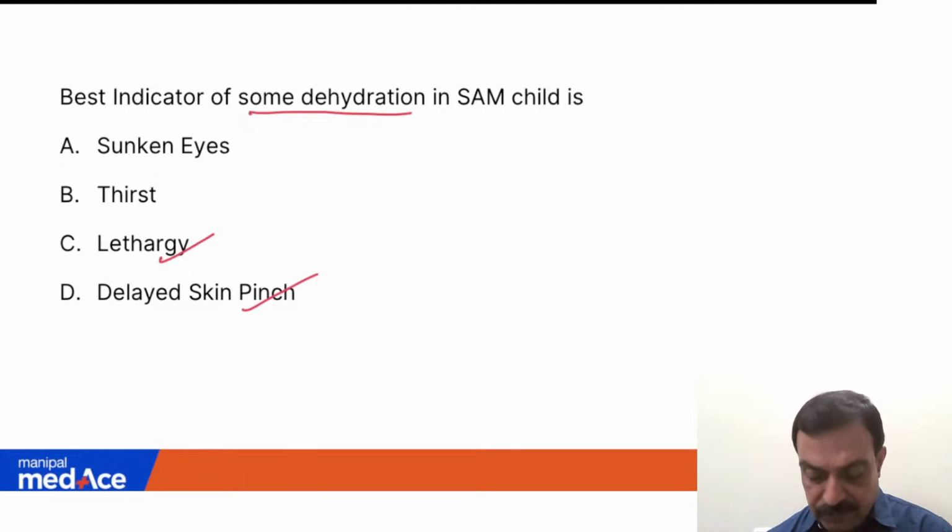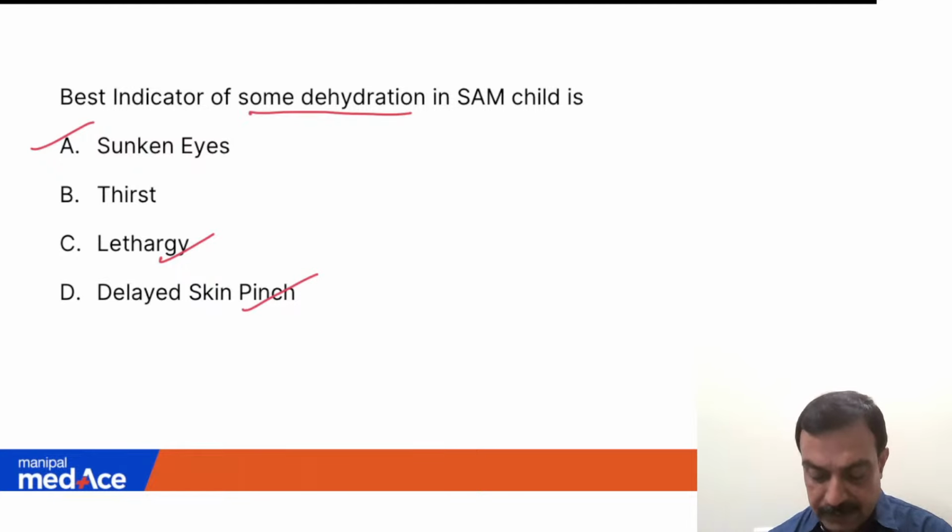So here the right answer is sunken eyes. Even though it is present in dehydration as well as severe acute malnutrition, sunken eyes may give more of a clue in a child with severe acute malnutrition.